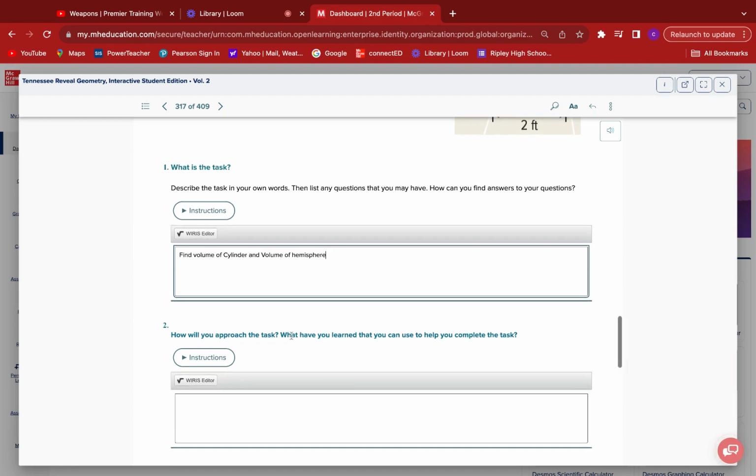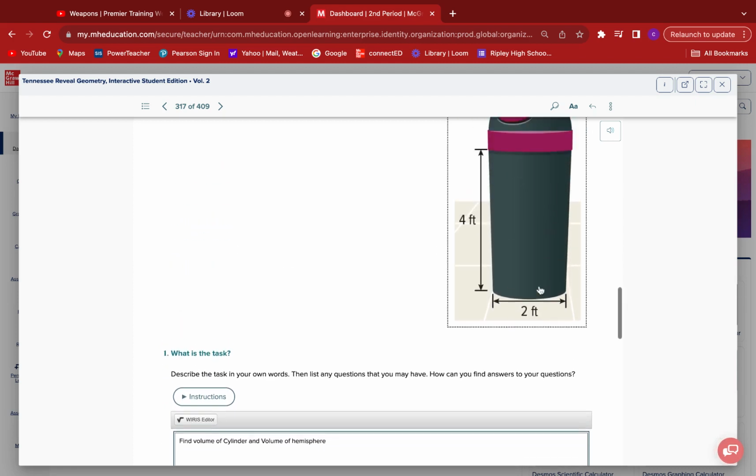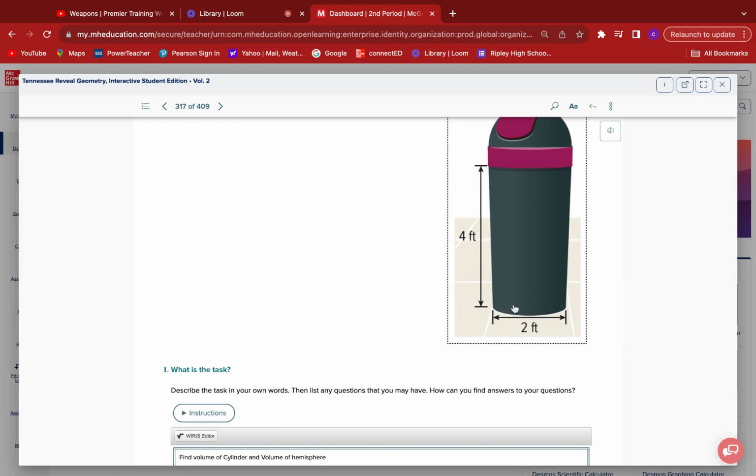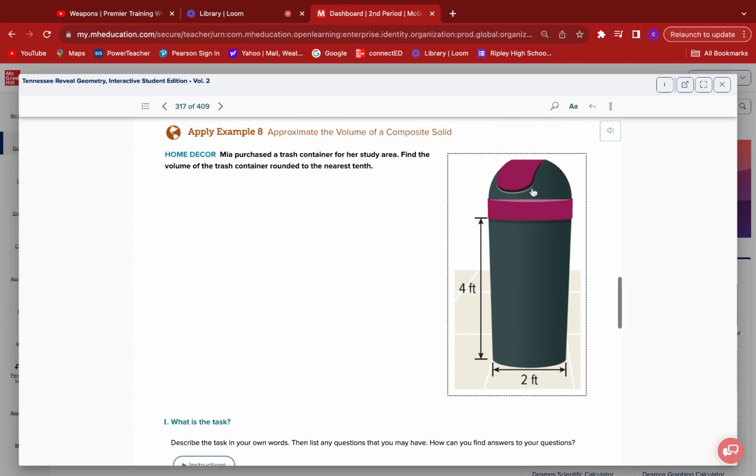How am I going to approach it? Well, I'm going to use 1 for the radius, because 2 divided by 2 is 1, and 4 for the height. That means up here for the hemisphere, I'll use 1 for the radius again.